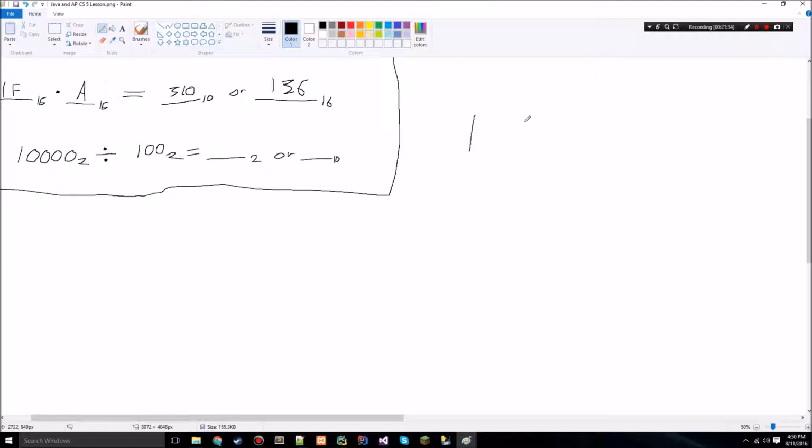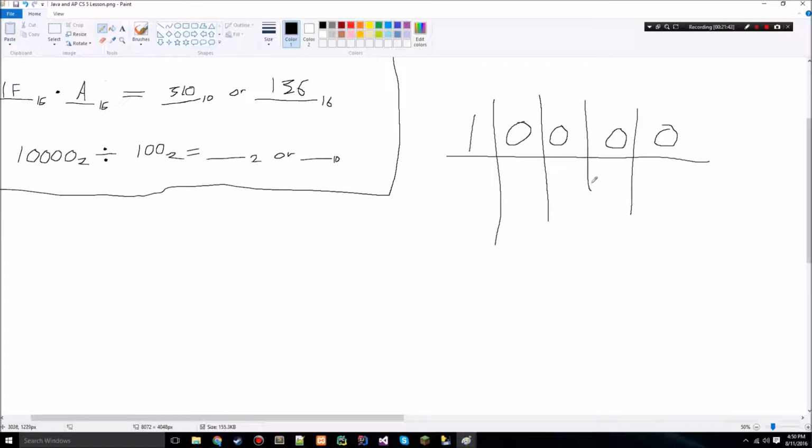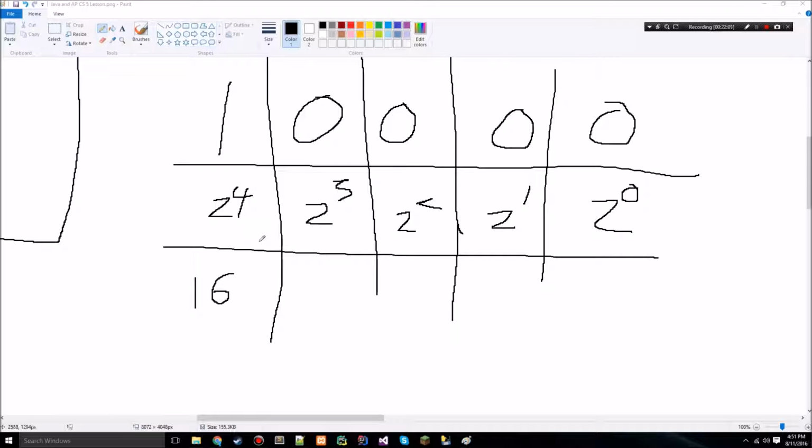So 1 0 0 0 0, make the chart. 2 to the 0, 2 to the first, 2 squared, 2 cubed, 2 to the fourth. We evaluate this, we get 16, then we get 8, then we get 4, then we get 2, then we get 1.